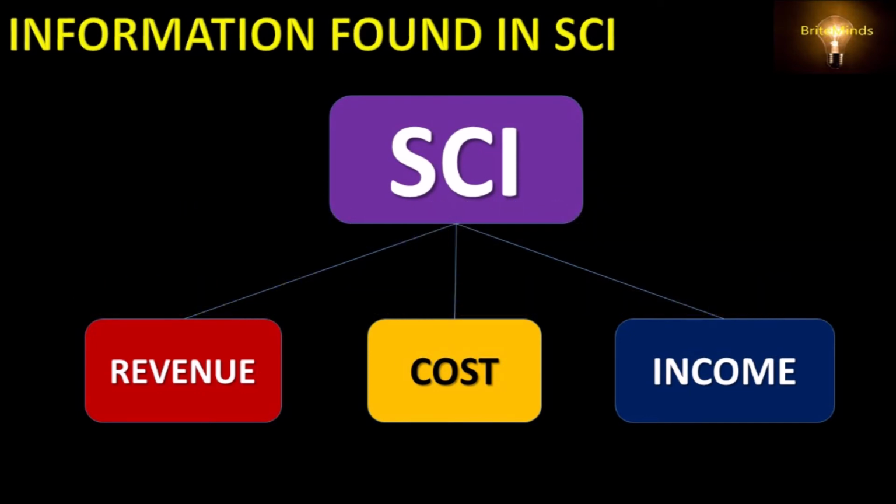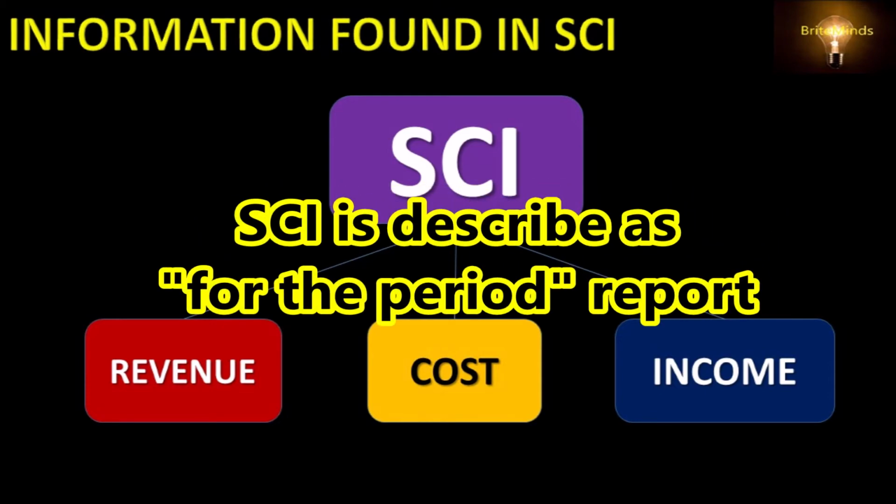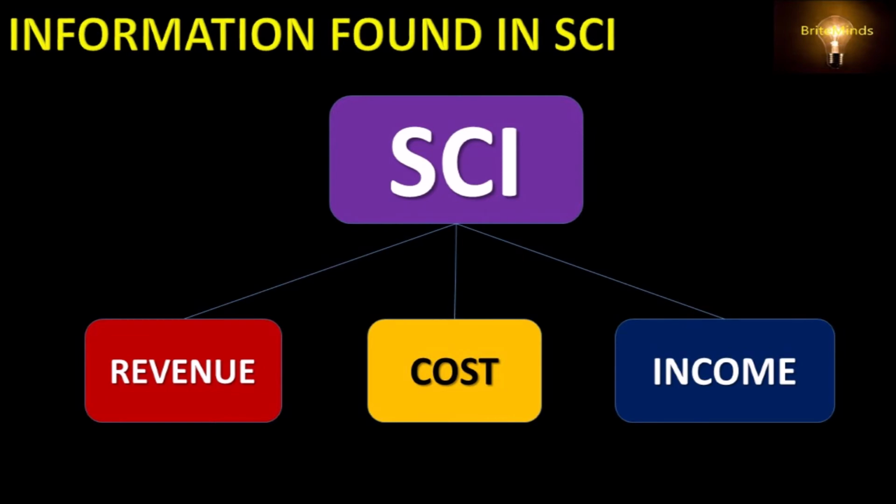The statement of comprehensive income is described as a for-the-period report. It means that the amounts presented on the report include only those that occurred within the given period.